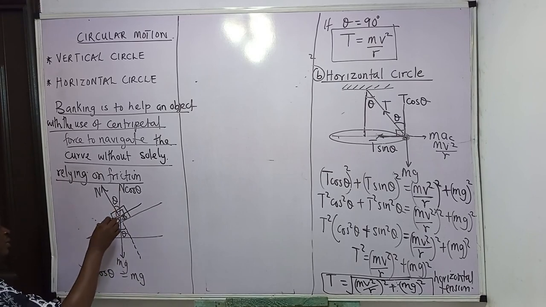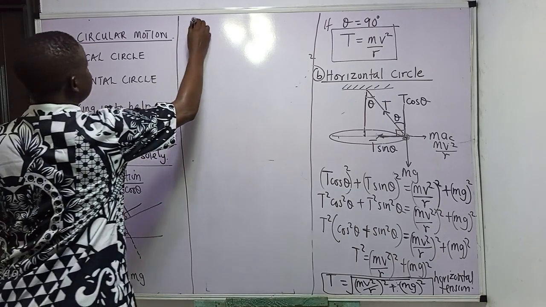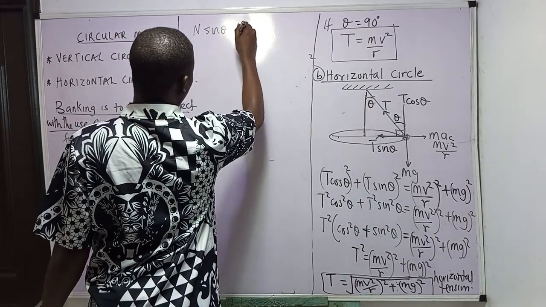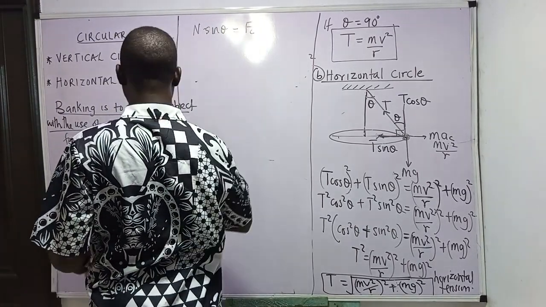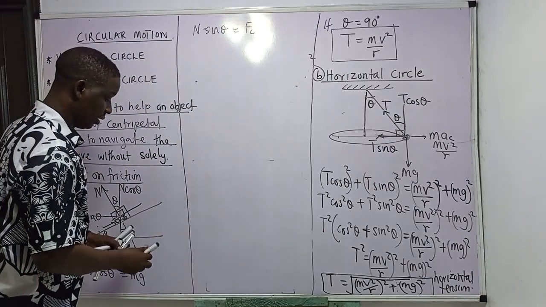Then also, if you resolve it horizontally, we would have N sine theta, and N sine theta will be balancing the centripetal force.